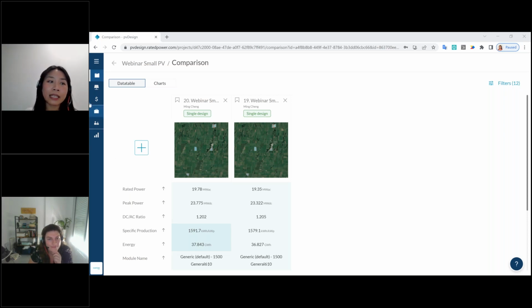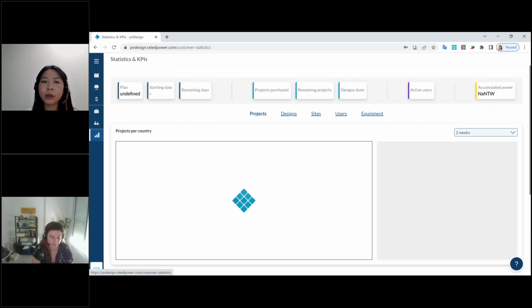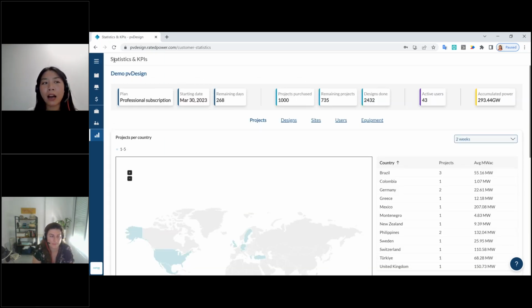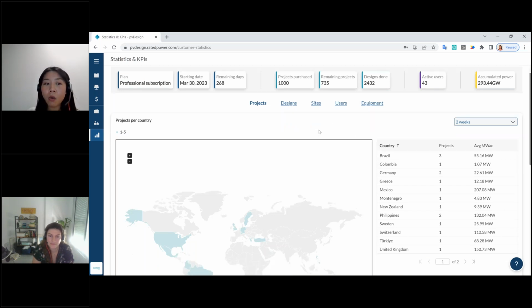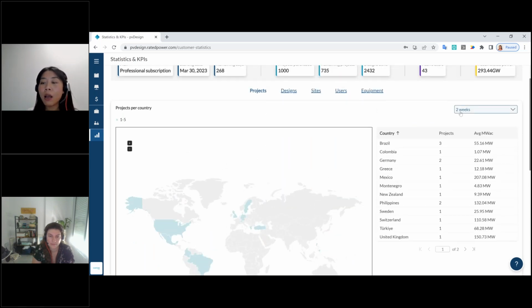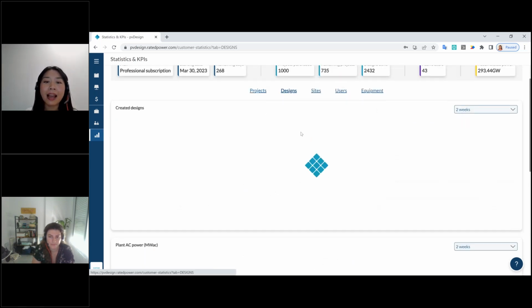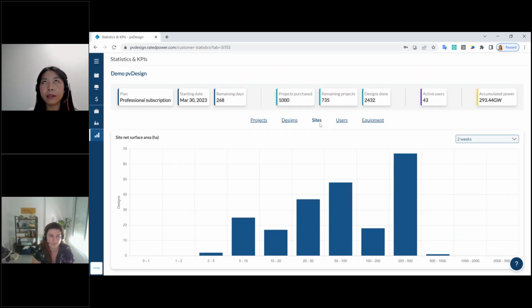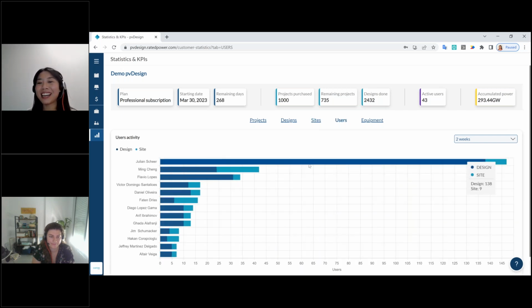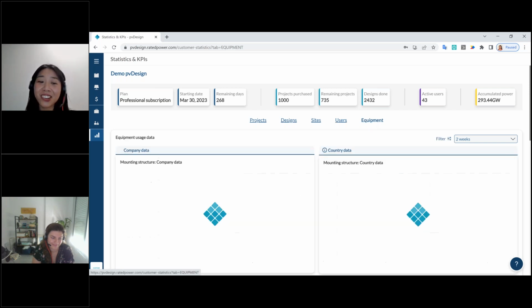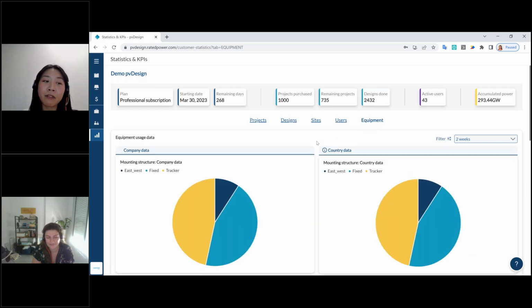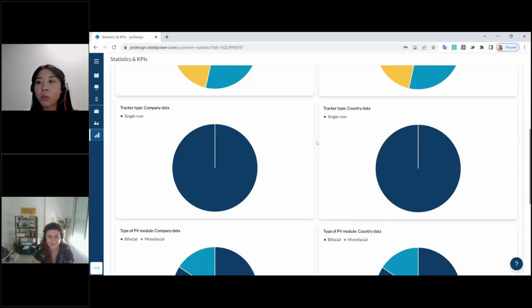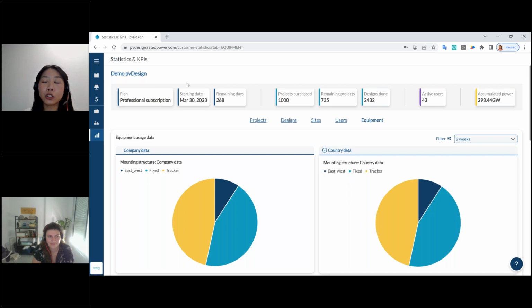Actually, we did release a feature, I think maybe 2 weeks back, where you can check the statistics and KPIs for your company, and see where your projects are going, what's the size of them, how the designs look like, where the sites are, what's the activity of your users. This is good for the managers, and also for seeing what equipment is favored in your company. So we have this feature released 2 weeks ago.